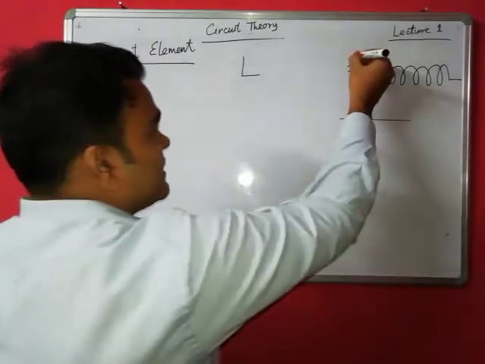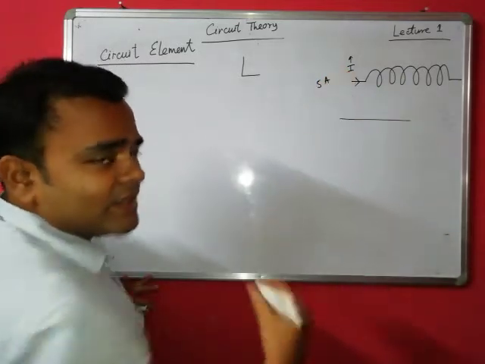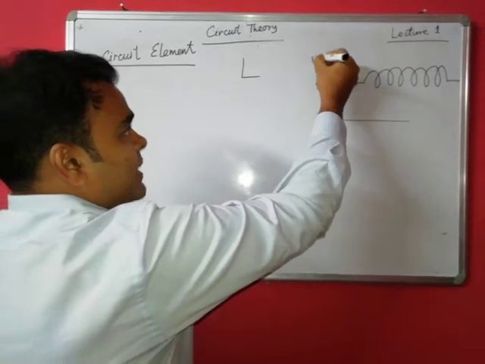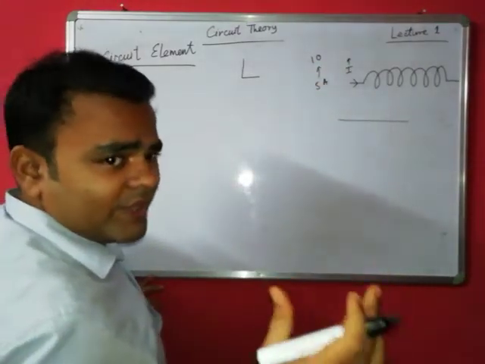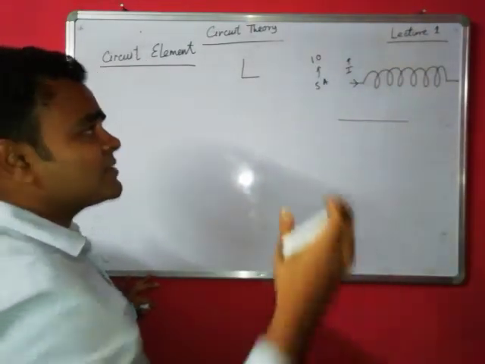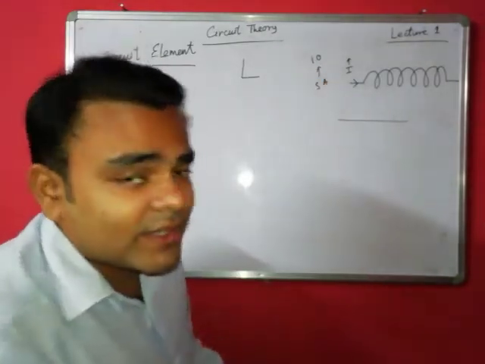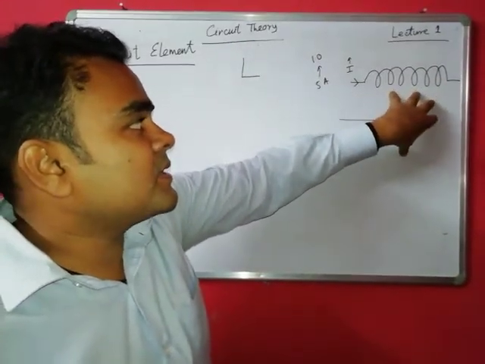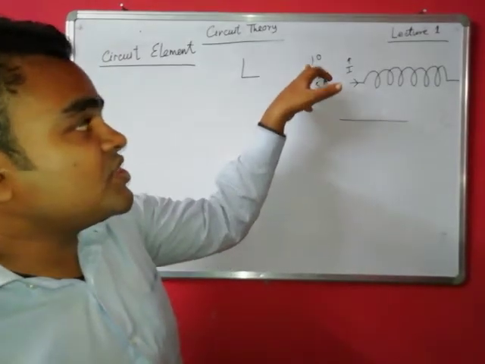Whenever that current tries to change, say this current is 5 ampere, and suddenly it tries to increase from 5 to 10 for different reasons. We may increase the voltage, or we may increase the load. In that case also current may increase. So when current through the inductor tries to increase, the inductor will behave as an active element, and it will not allow the change in current.